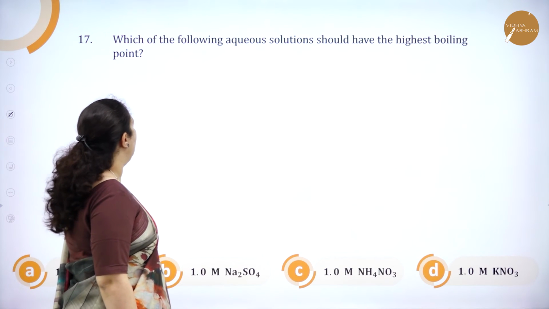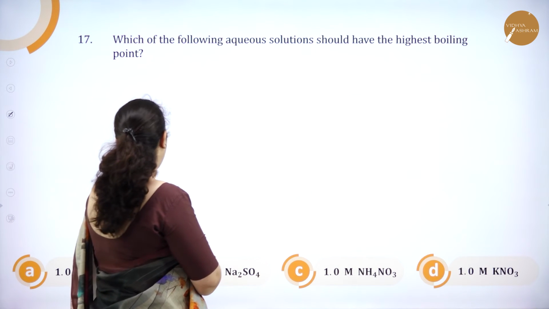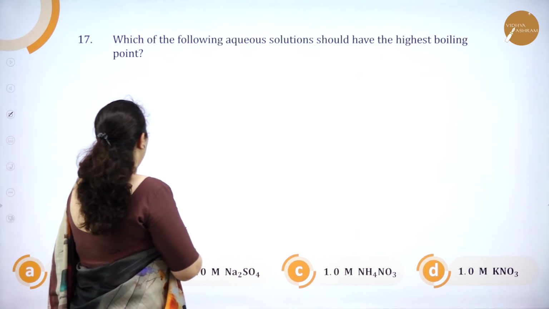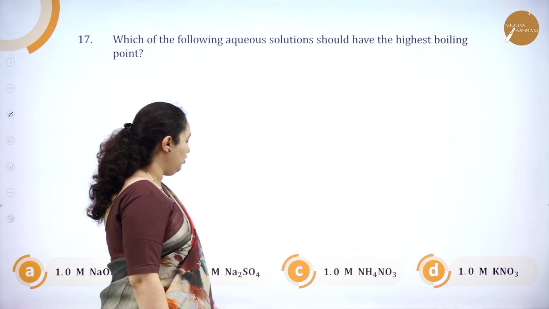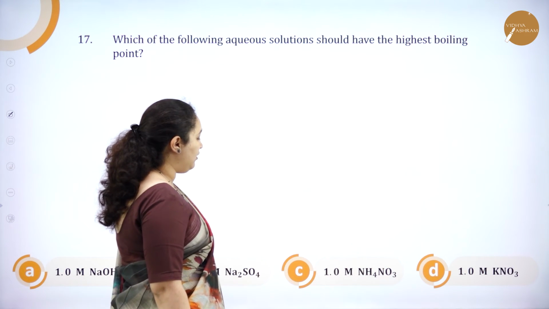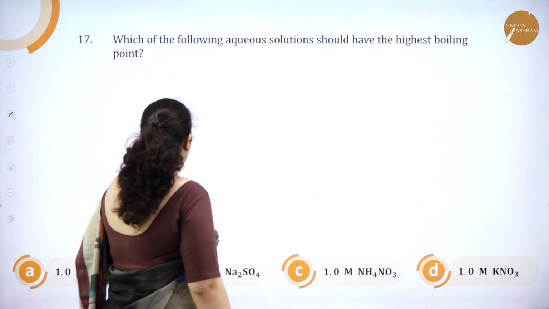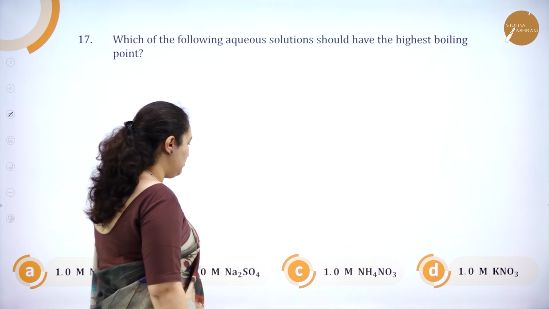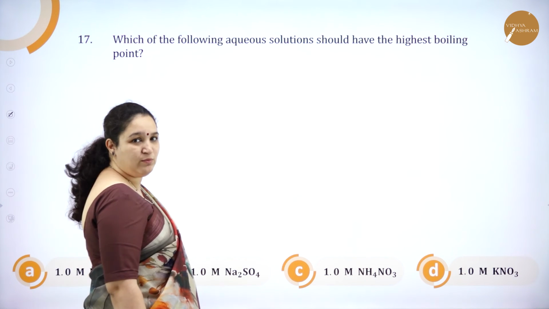Next one. Which of the following aqueous solutions should have the highest boiling point? 1 molar NaOH, 1 molar Na2SO4, 1 molar NH4NO3, and 1 molar KNO3. All of the solutions have the same molarity, 1 molar.